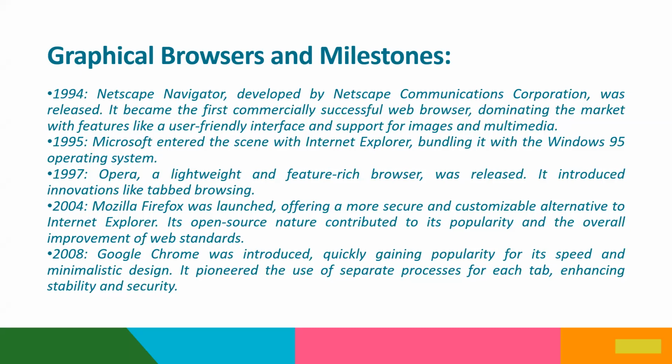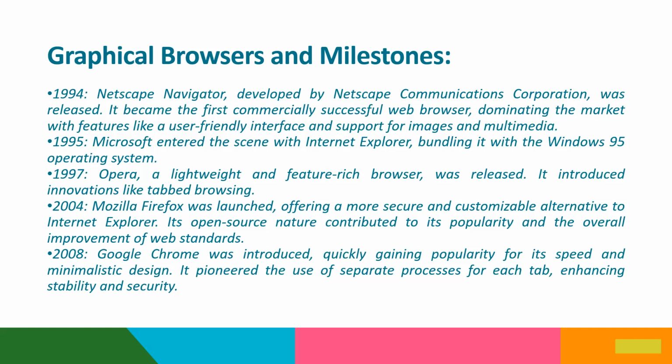In 1994, Netscape Navigator was developed by Netscape Communications Corporation and released. Then in 1995, Microsoft played an important role with its operating system, then Opera, then Mozilla Firefox, and around 2008, Google Chrome was introduced.